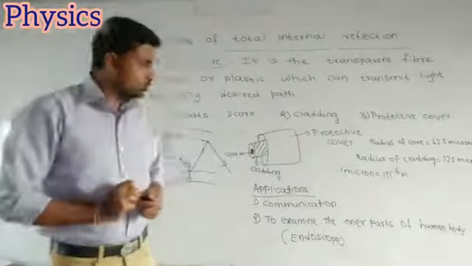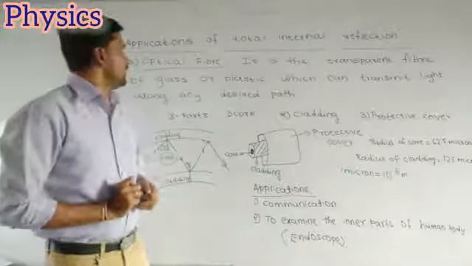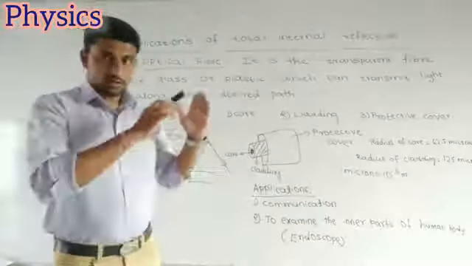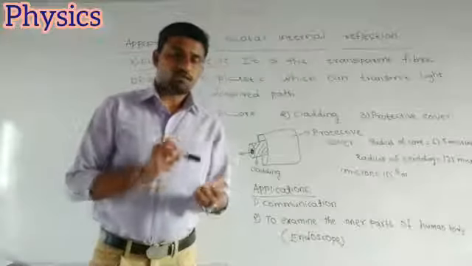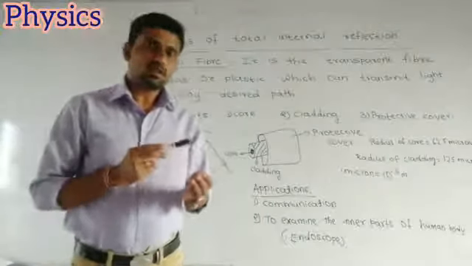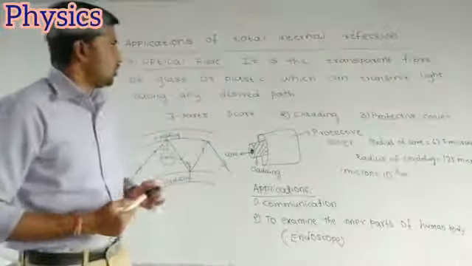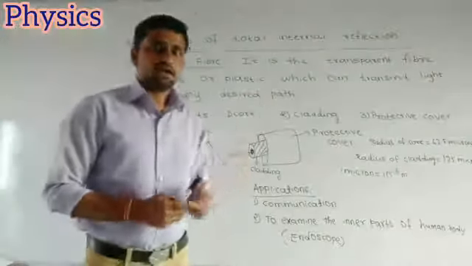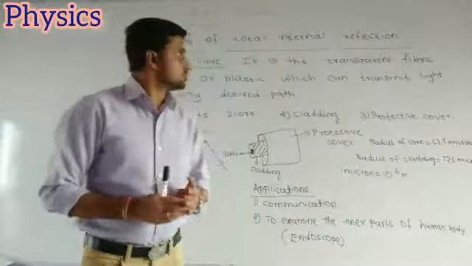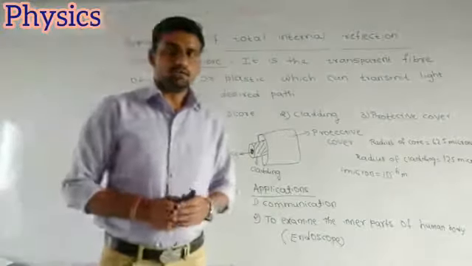These are the main applications of optical fiber, and there are three in all: the brilliance of diamond, the mirage, and the optical fiber. These three are some of the main applications of total internal reflection.